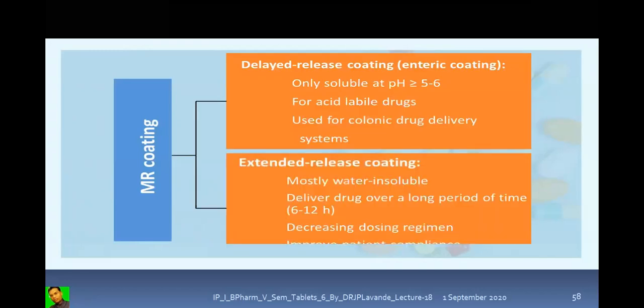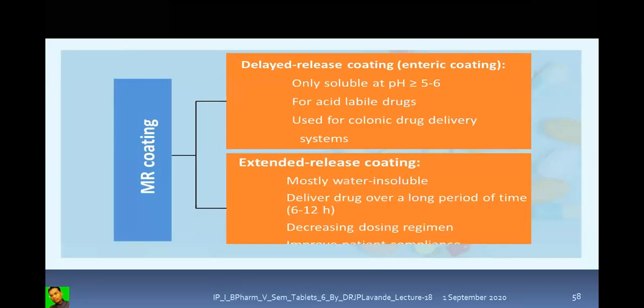Modified release film coatings are of two different types: the delayed release coatings or the extended release coatings. Extended release might be sustained or controlled release. The delayed release coating is said to be the enteric coating. This enteric coating will solubilize only at a pH greater than 5 to 6, that means at an alkaline pH.